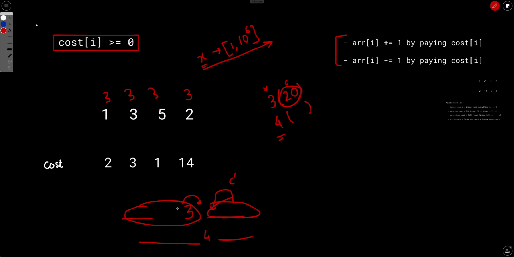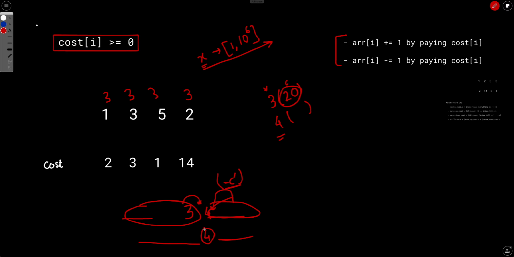You have already paid some cost to move it to 3, so you have to subtract that cost, because you paid it to move to 3, but you have to move only till 4. So basically, you can skip one step for each of those elements, because everything here is greater than 3. So for each of those elements, you can subtract one unit of cost, because you have to move now only up to 4.